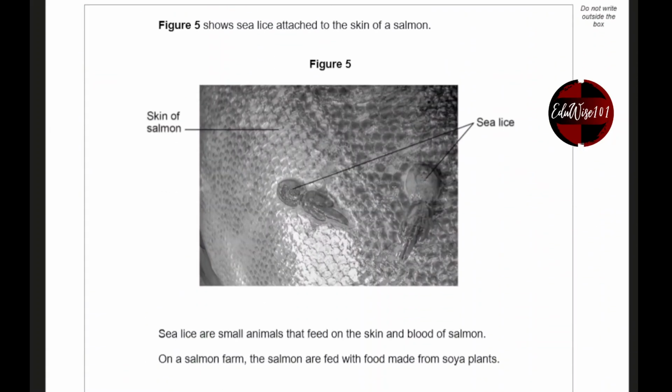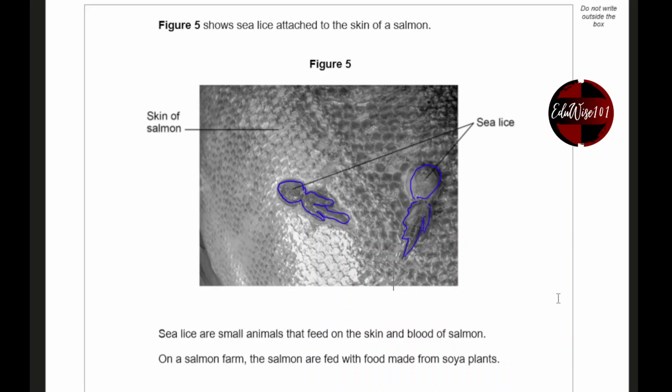Figure 5 shows sea lice attached to the skin of salmon. You can see the sea lice, which look like small tadpoles over here. They are probably parasites feeding on the salmon through the skin. So salmon do have parasites, like humans as well.